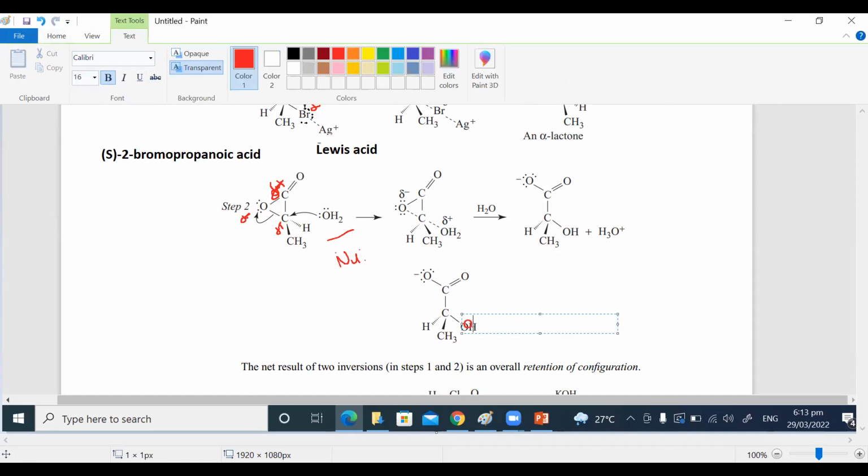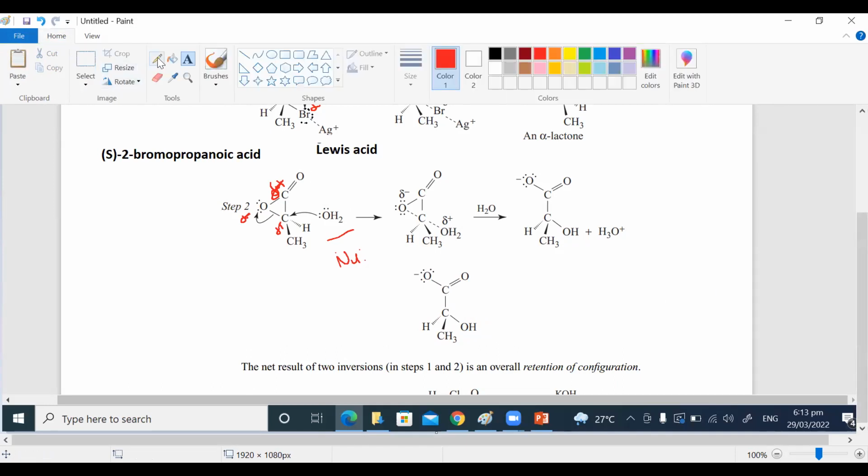But you will have your OH2, and you have a positive charge here. So here, you will have your water abstract this. Once the carbon-oxygen bond is fully formed, then the other carbon-oxygen bond is being broken.